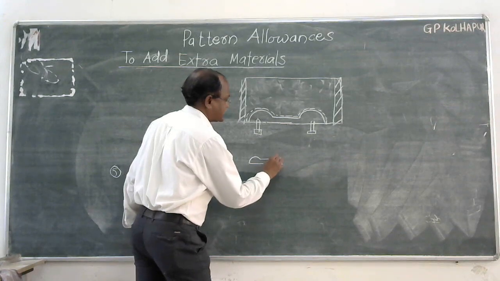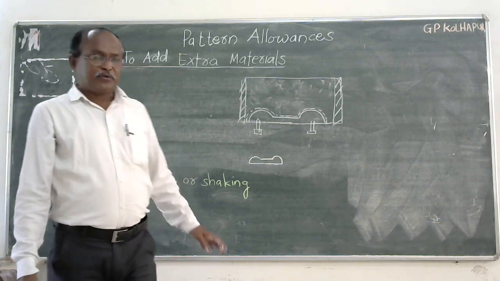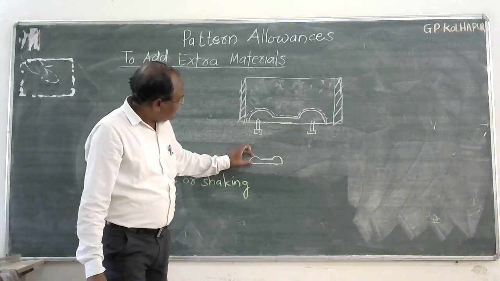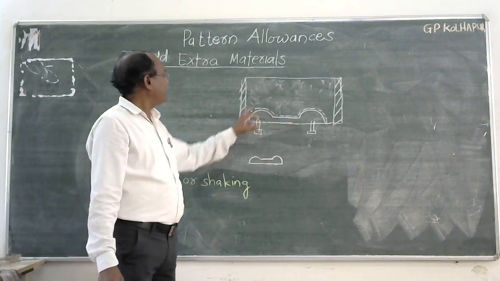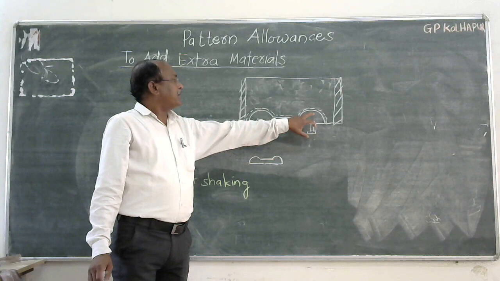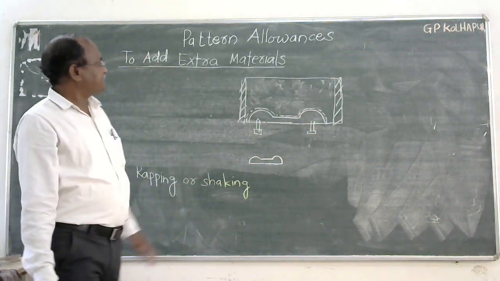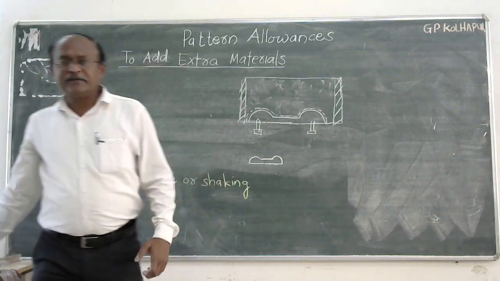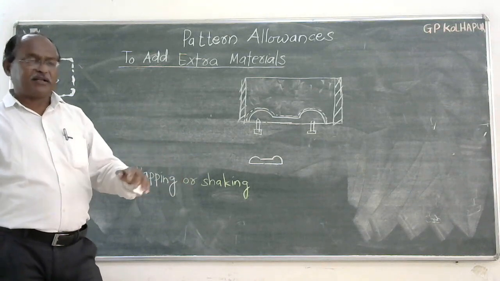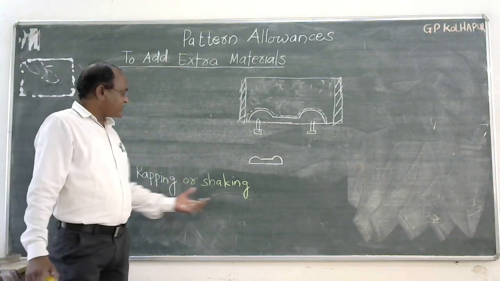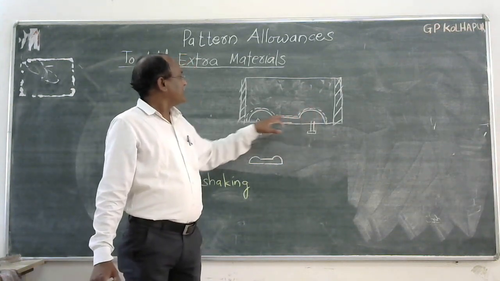So less material is used. You are not going to add material in this case. You are going to remove it. You are going to manufacture this pattern with less material so that it will take care of shaking. So that is all about rapping or shaking. Some allowances are added, like the machining allowance for machining purposes. But for rapping or shaking, to withdraw this pattern, a large mold cavity is obtained.